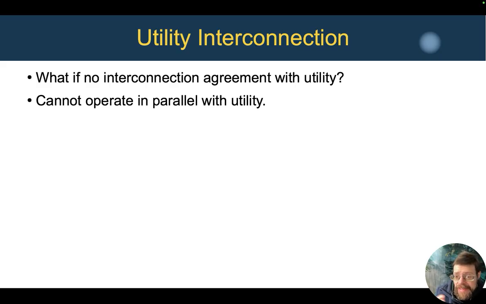If they find out that we're operating in parallel without the appropriate approvals, they do not like that at all, and they may actually just shut off your utility connection, remove your meter.